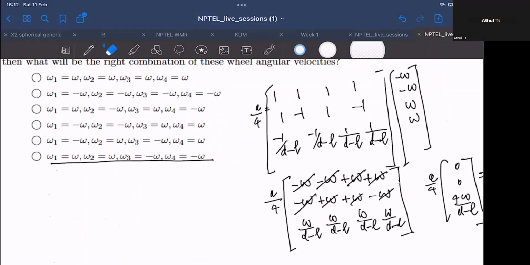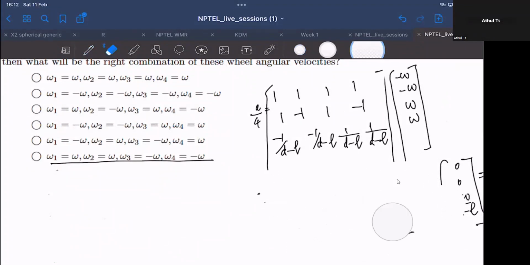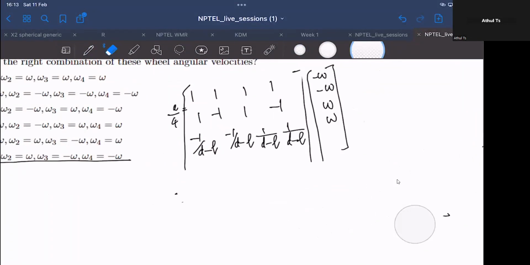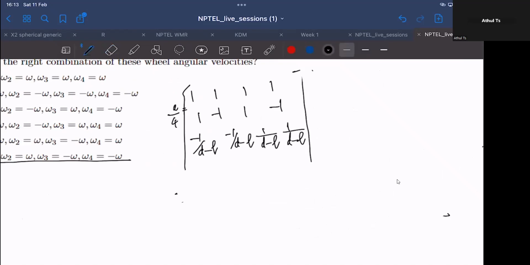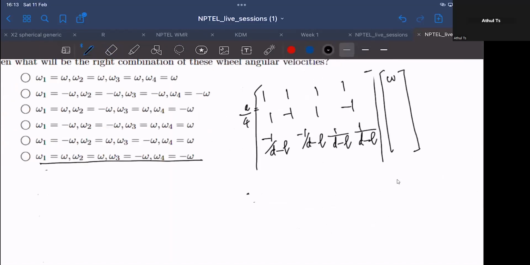So again, the wheel configuration matrix is already here. As per the sixth option, if you are simply changing the wheel velocity direction, omega 1 is omega, omega 2 is omega, omega 3 is minus omega, omega 4 is minus omega. If you multiply this out, the first entry would be omega plus omega minus omega minus omega. This cancels out to be 0.